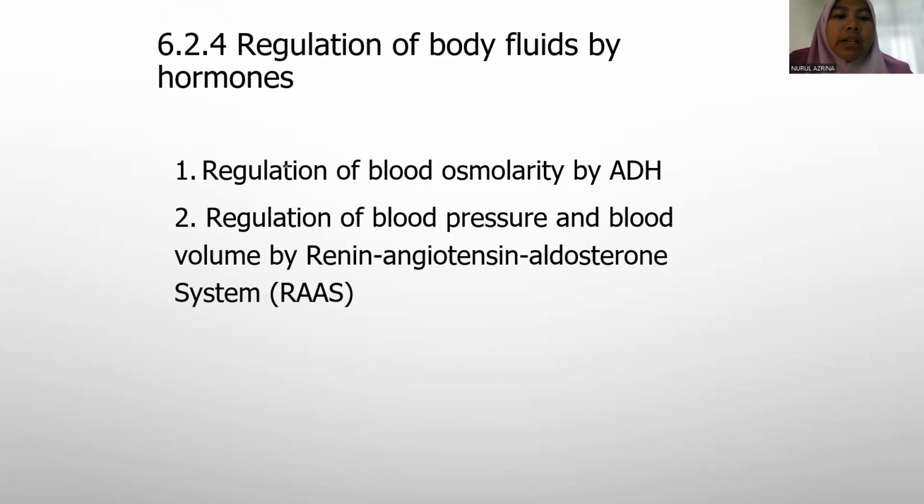First, please focus on the regulation of blood osmolarity, kepekatan darah. Blood osmolarity is regulated by ADH, antidiuretic hormone, that is secreted from our pituitary gland. So which pituitary, anterior or posterior? Please check.